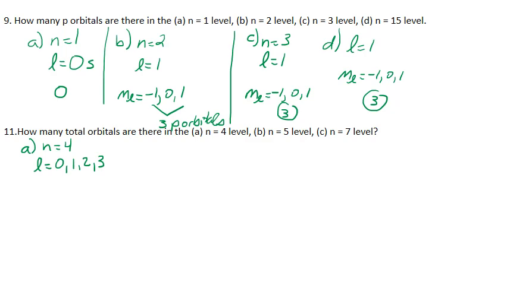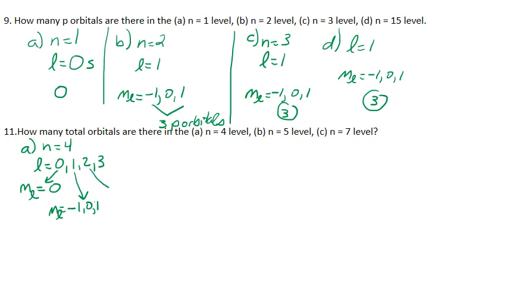The way that I get the total number of orbitals is if I add up all my m sub L values. So if L is equal to 0, I only have one m sub L value of 0. If L is equal to 1, then I can have m sub L values equal to -1, 0, and 1.